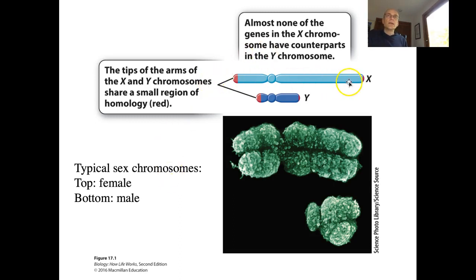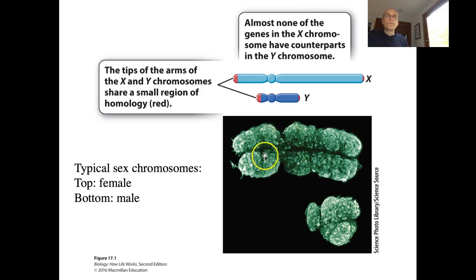The X chromosome is much larger than the Y chromosome. And if you think back to meiosis, the way that they get distributed to different gametes during gamete production, just like the other chromosomes, the body chromosomes or the autosomes, they align with each other during metaphase, in the metaphase plate.